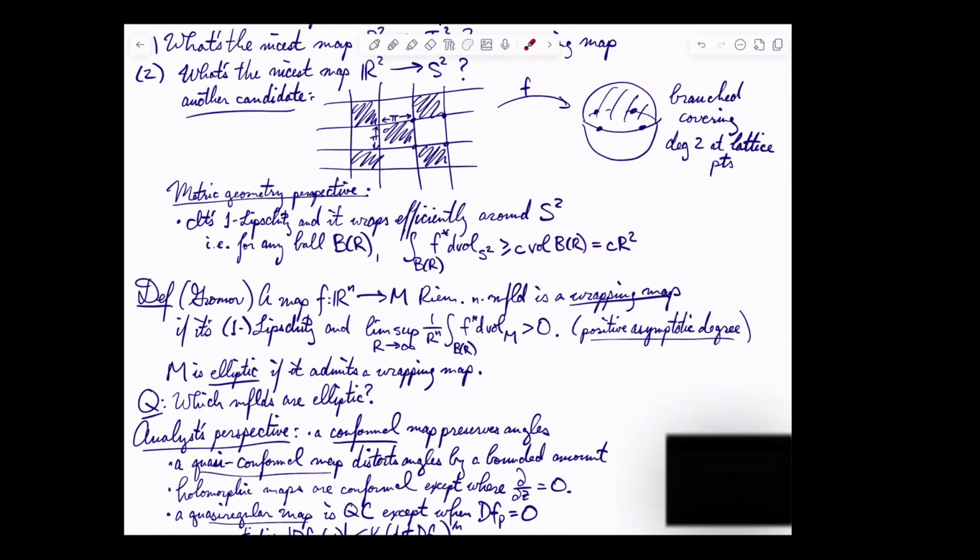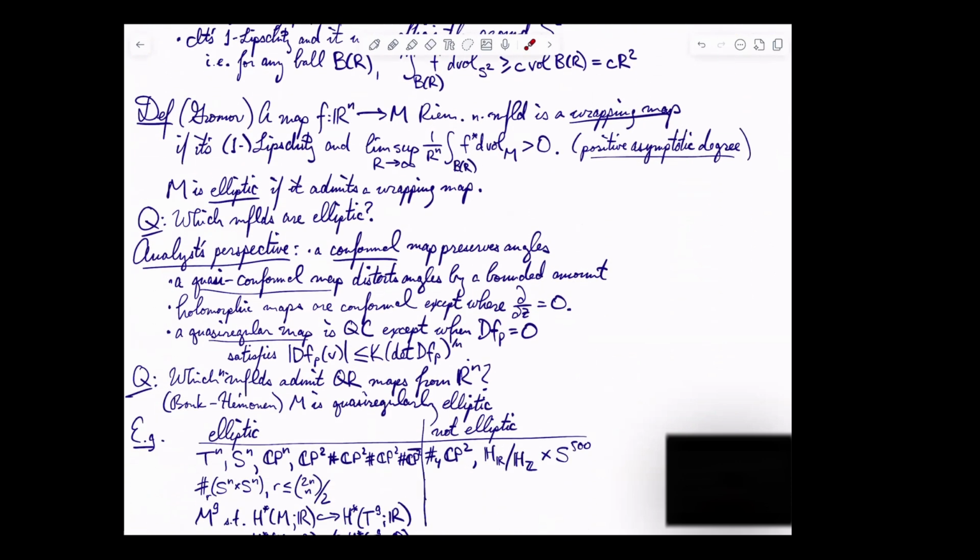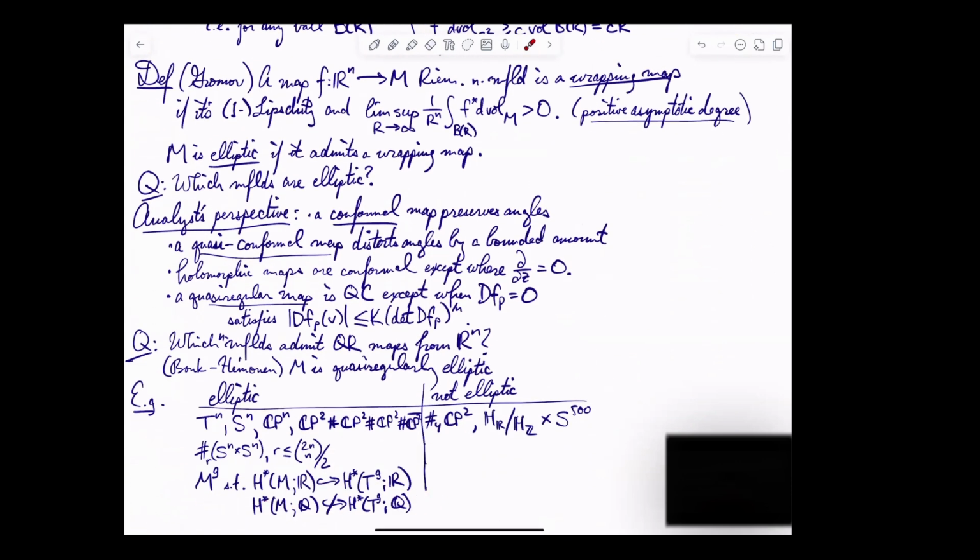And what this is saying is that there's really no map of positive degree from the torus to my M, but nevertheless, it is elliptic. So it has some kind of map like this, but that map has to be aperiodic.